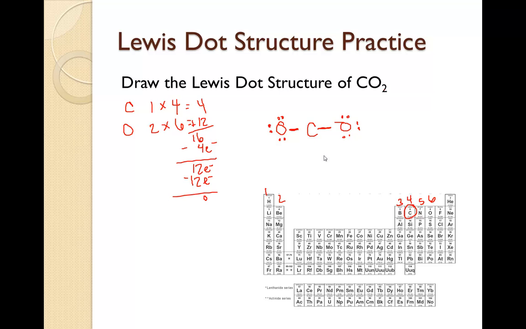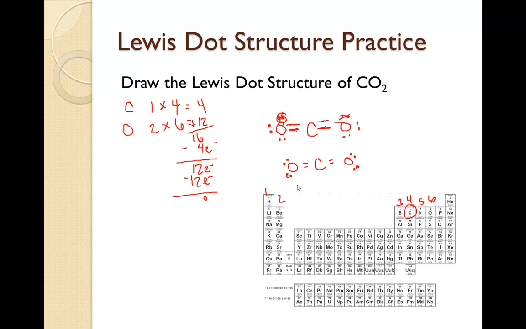That last step said if you needed more electrons in the center, you take them from the lone pair and make double bonds. So 2, 4, 6 now. I still need 2 more. We'll take one from that side this time. So that means we have 2 double bonds. I'm rewriting it to spread those lone pairs out from each other.